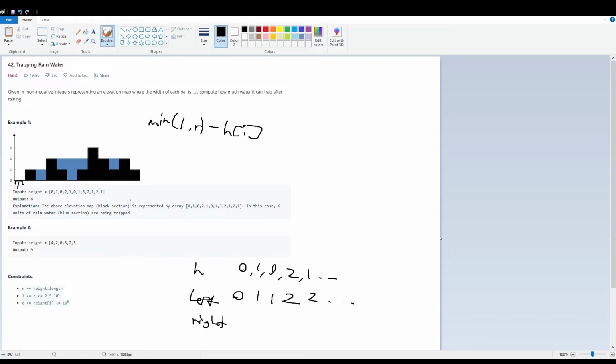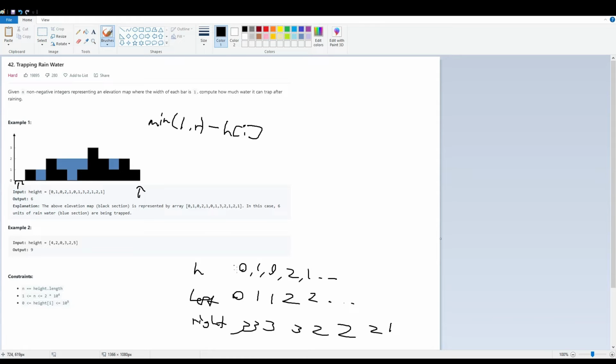And for right we do similarly. The maximum we see so far starting from the right side is 1, and then the maximum we see so far is 2, and then over here still 2, still 2, and then 3, and then it'll be 3 for the rest of them.